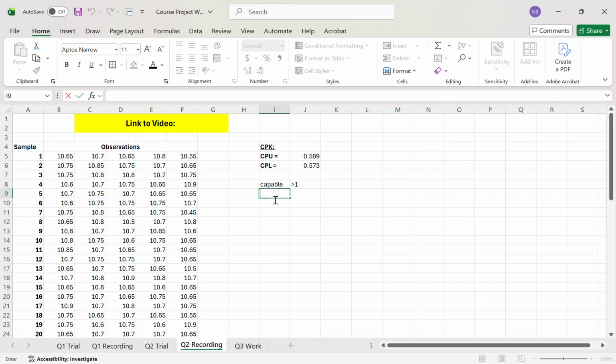Now, a process is incapable if our CPU or CPL is less than 1. As you can see here, our lowest number is our CPL, and that is 0.573. Now, as you can see, 0.573 is less than 1. This means that our process is incapable.